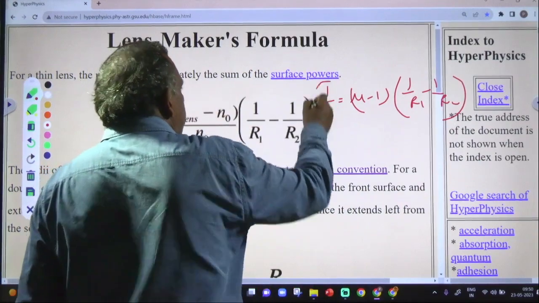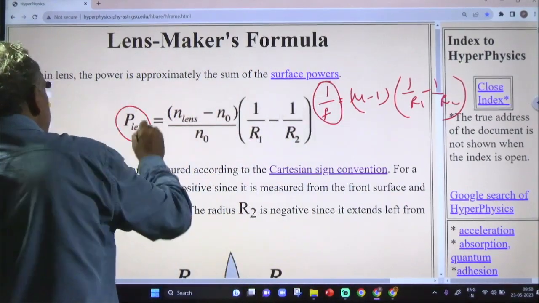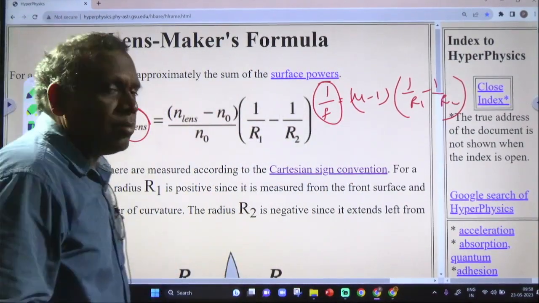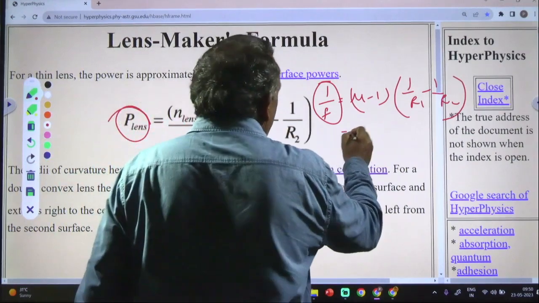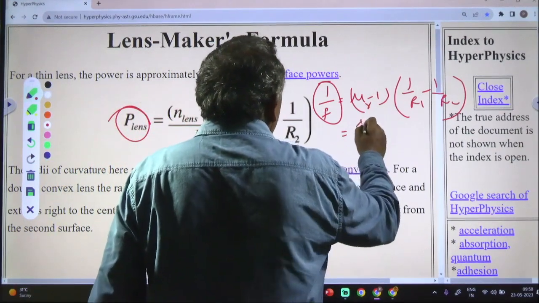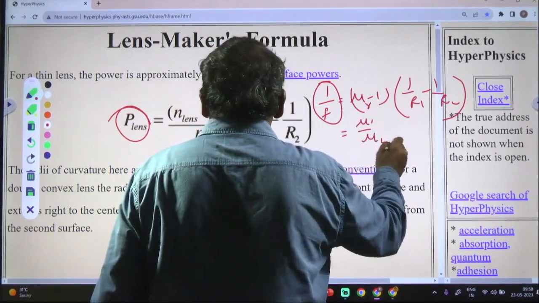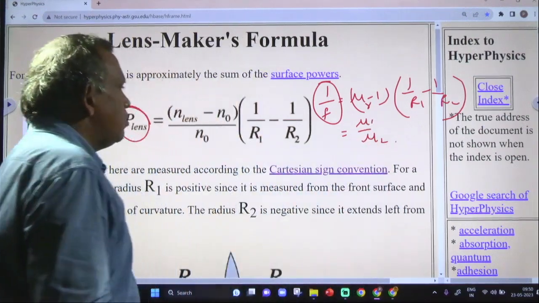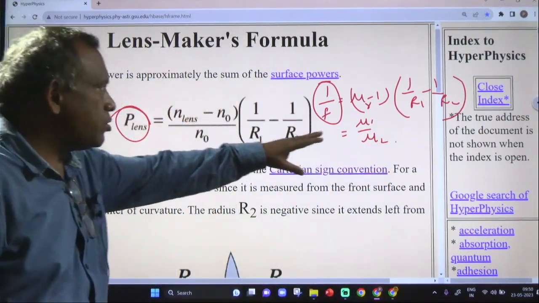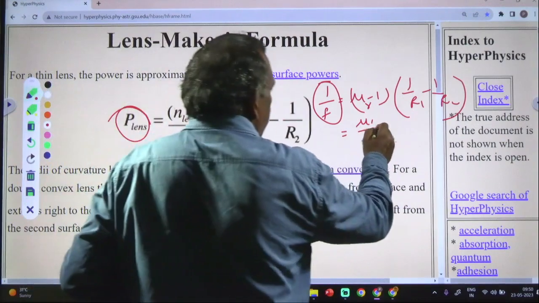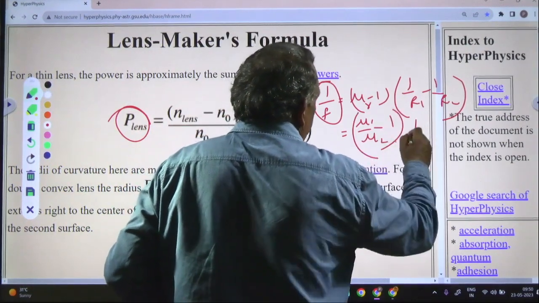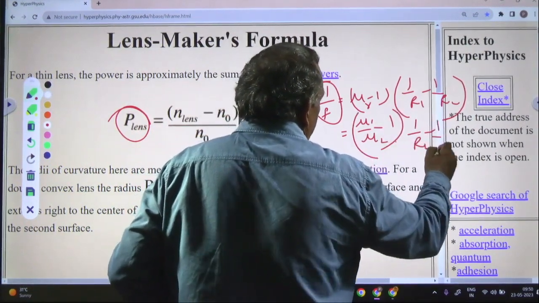1 by f can be written as the power of the lens, and mu can be written as the relative mu, that is mu 1 by mu 2, or mu lens. So you can write it as (mu 1 by mu 2 minus 1) into (1 by r1 minus 1 by r2).